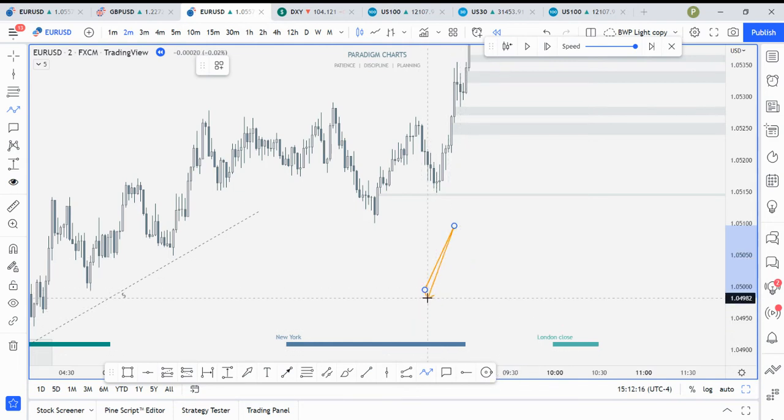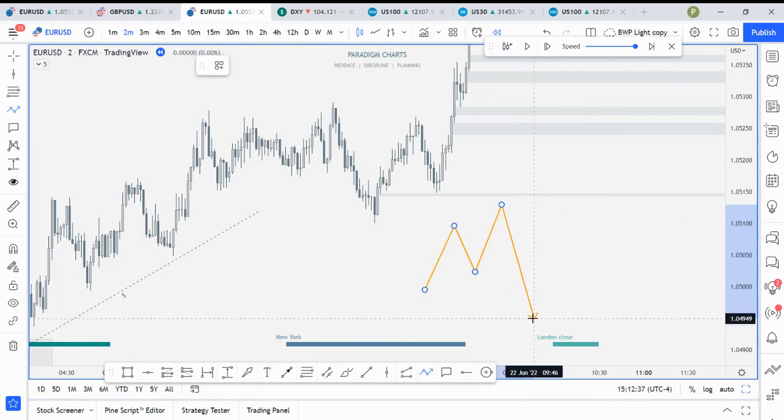Let me create a swing high first. Assuming you have a swing high, and then the swing high was taken out, that's a liquidity sweep. Then you now have an aggressive move to the downside. The move has to be aggressive.